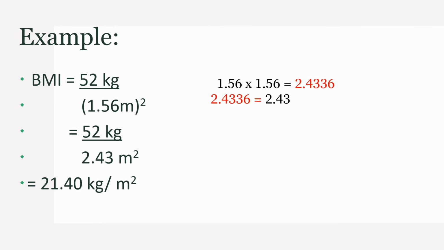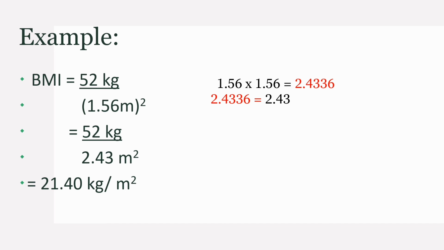The first thing we need to do is to square the height, 1.56. To square it, we multiply 1.56 by itself, so 1.56 times 1.56. The product is 2.4336. We need to round it off to the nearest hundredths, so it will become 2.43.